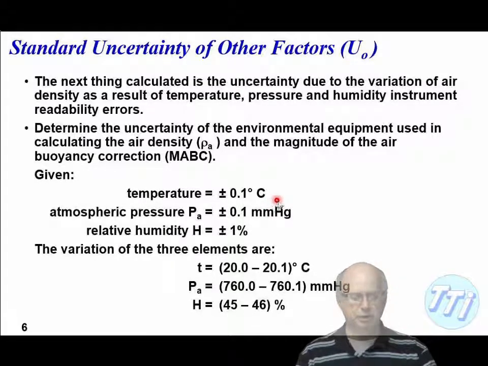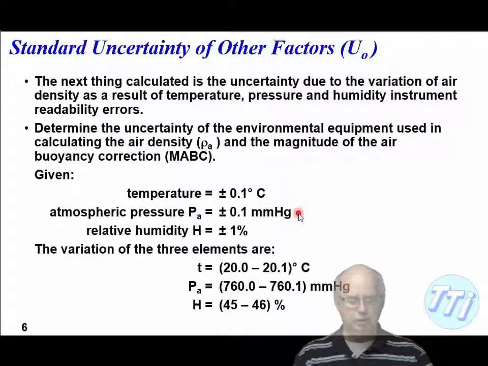The temperature is being controlled within 0.1 of a degree centigrade. We can measure the pressure, or it does not change by more than 0.1 of a millimeter of mercury, and the humidity is known within about 1%. Most labs will try to control the humidity, and so we can know it reasonably accurately.